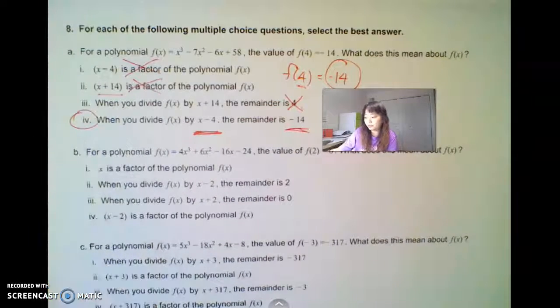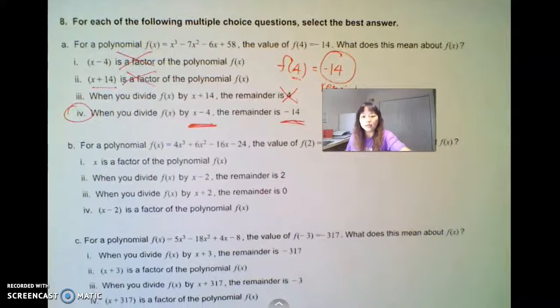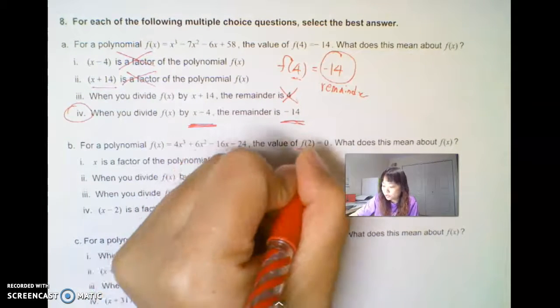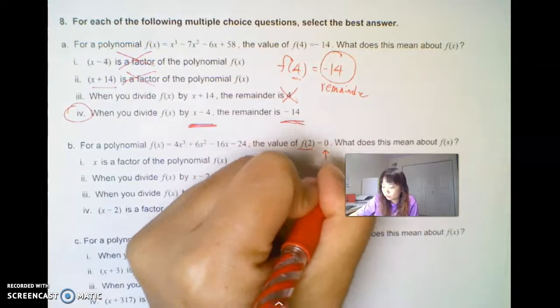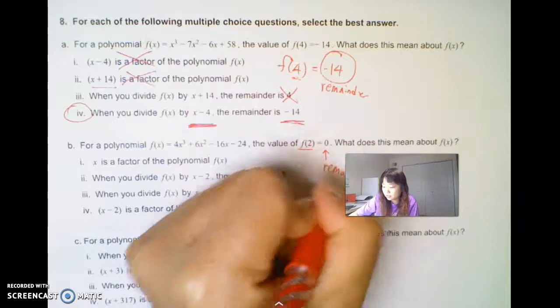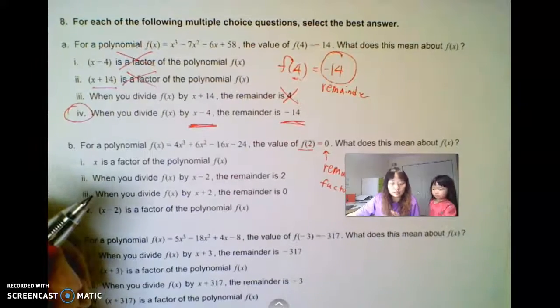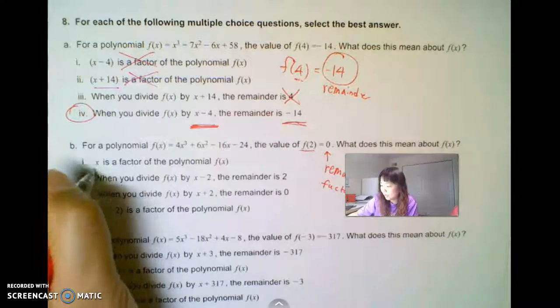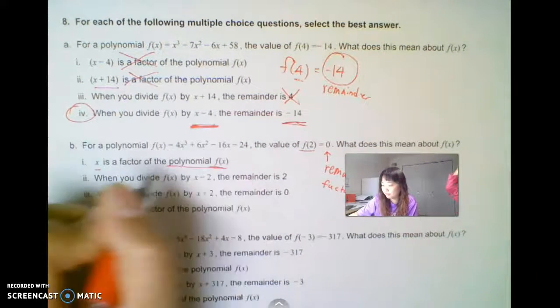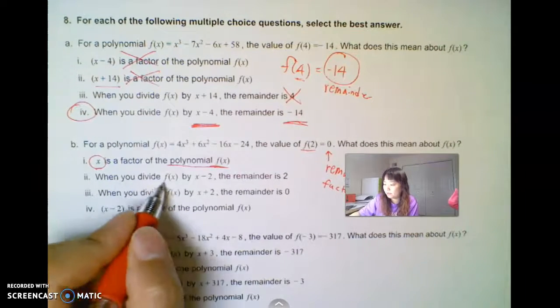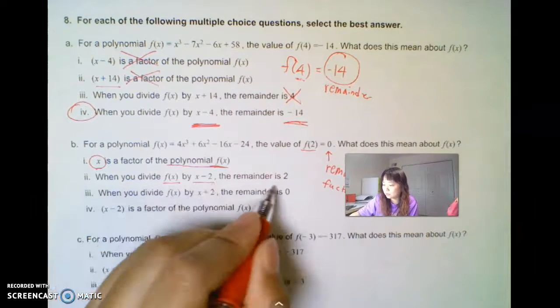So that was right. Let's take a look at the next example. f of 2 is 0. Woohoo! Remainder is 0. That means it is a factor. So let's take a look at this. x is a factor of polynomial f of x. Well, what is x? No, not that. When you divide f of x by x minus 2, the remainder is 2.